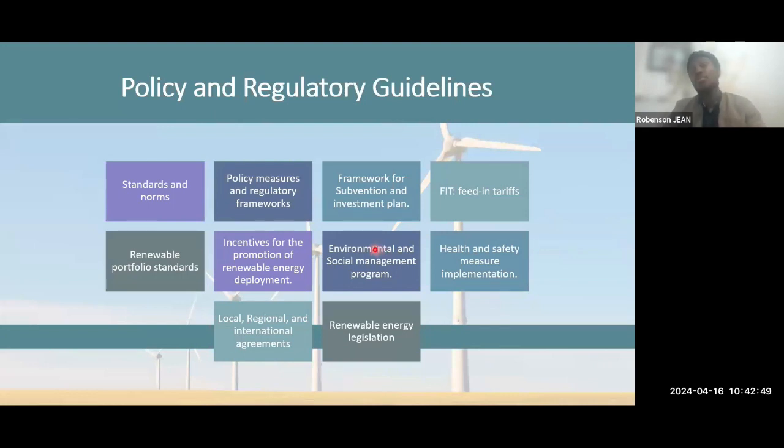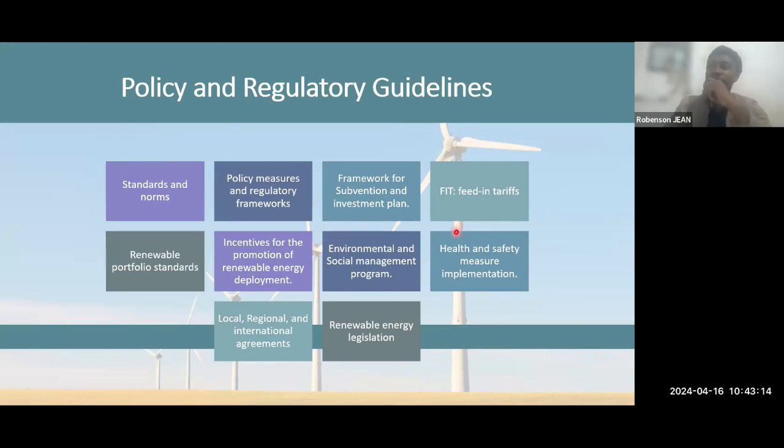So it is important to encourage the investors to go for renewables in order to increase the renewable fraction, and at the same time to decrease the dependence on fossil fuel. So in this way, we will be able to reduce drastically the greenhouse gas emission, the CO2 emission.